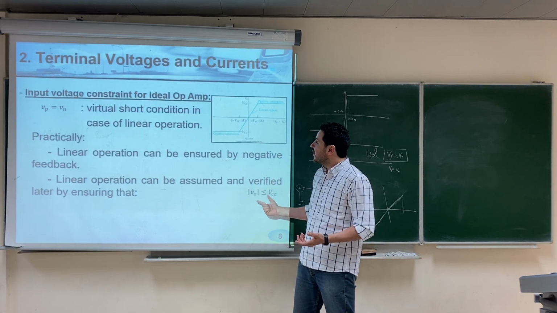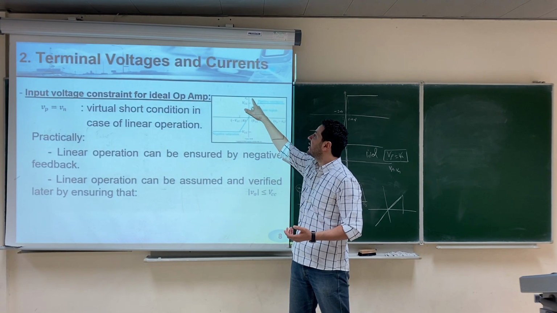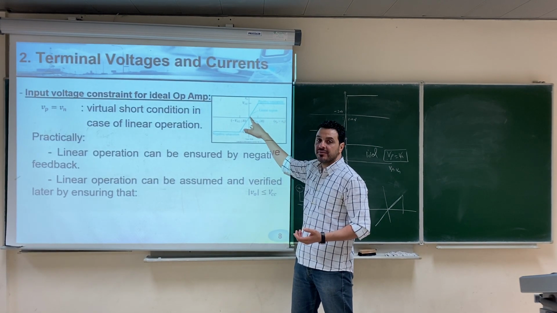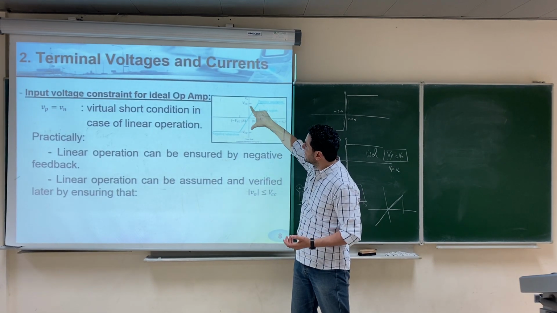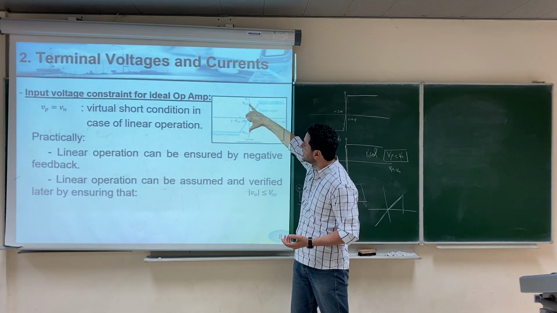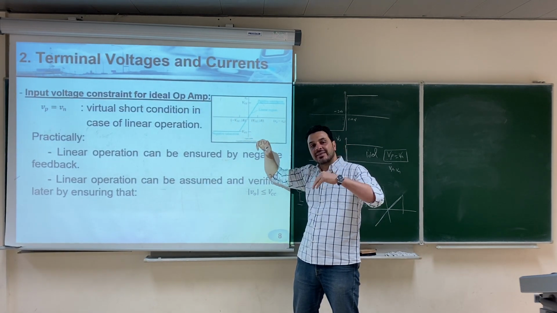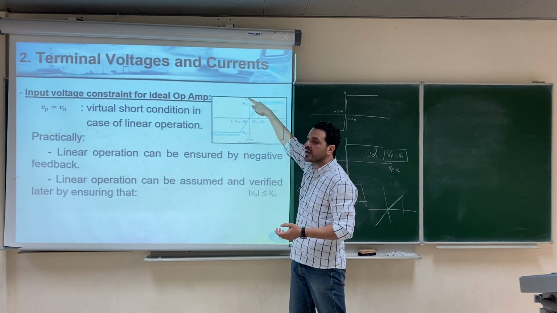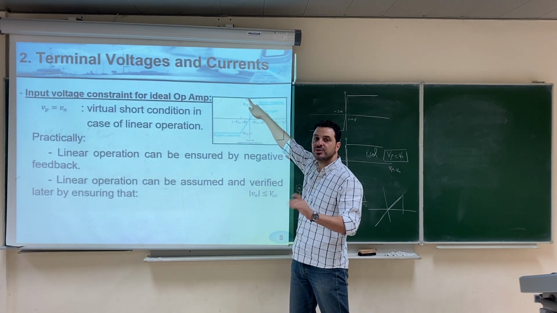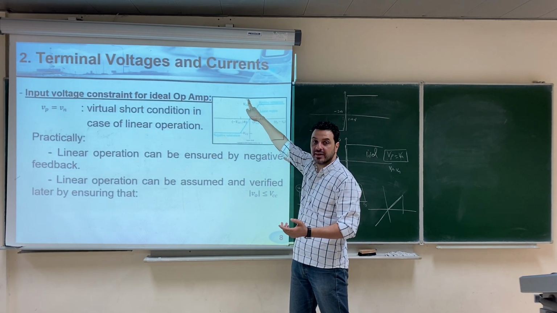How do we check? You check by looking at the output, whether it is higher than VCC or lower than negative VCC. If the output is lower than VCC and higher than negative VCC, if the output is in this region, then your assumption of linearity was correct. But if you assume linearity and you find that the output is higher than VCC, this means that your assumption was wrong, because the output cannot be higher than VCC.